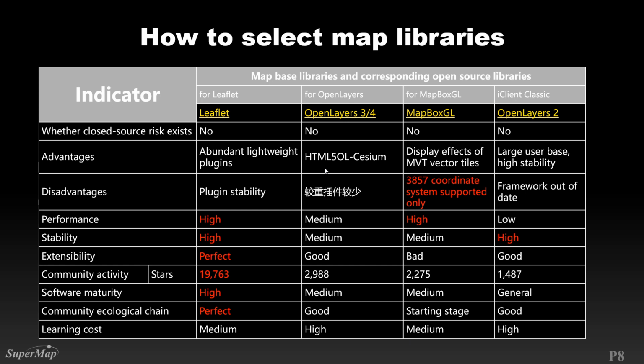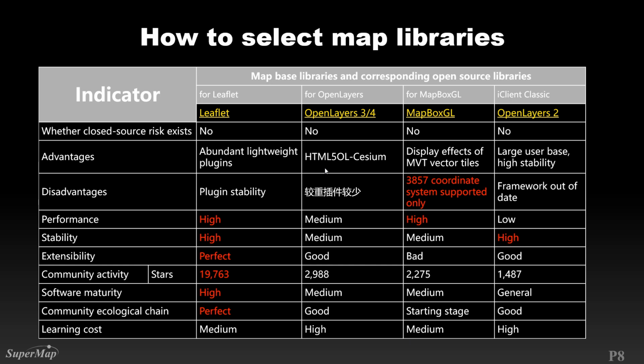First of all, it is stable with relatively high performance, easy to extend, and the entire community's ecological chain is complete. What's more, it is also very convenient for code writing. Therefore, the user base for the product is large.